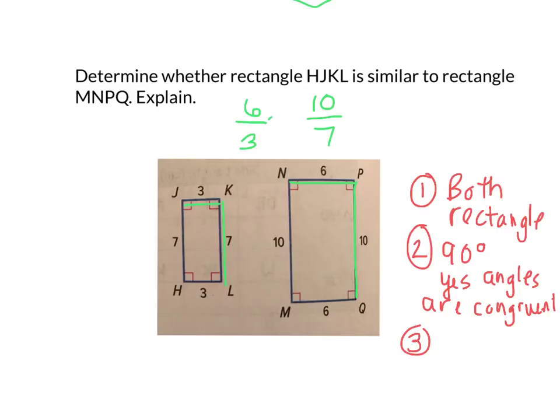So I'm going to reduce these down. This one becomes 2, and this one becomes 1 3/7. As you can see, these scale factors do not match up. They are not the same. That means since 2, the scale factor 2, does not equal 1 3/7, these two shapes are not similar.